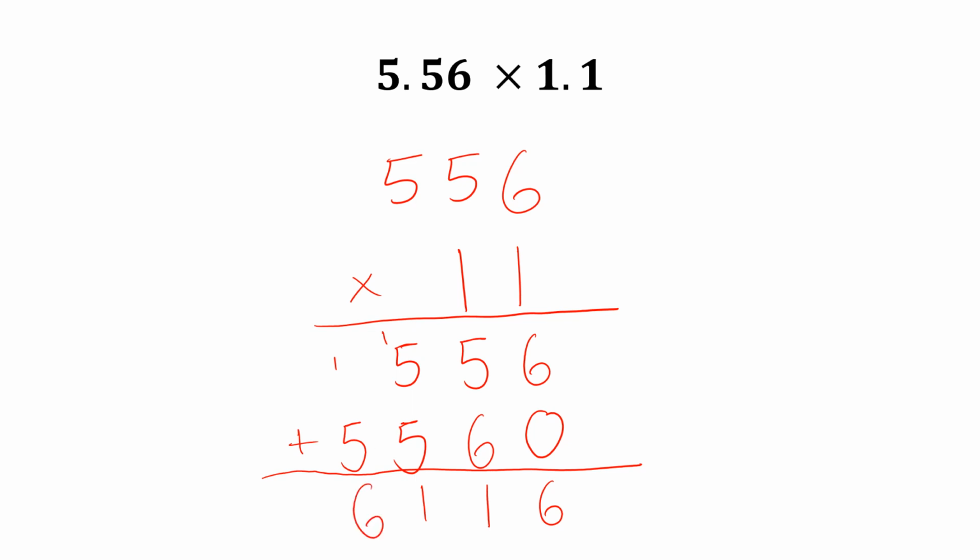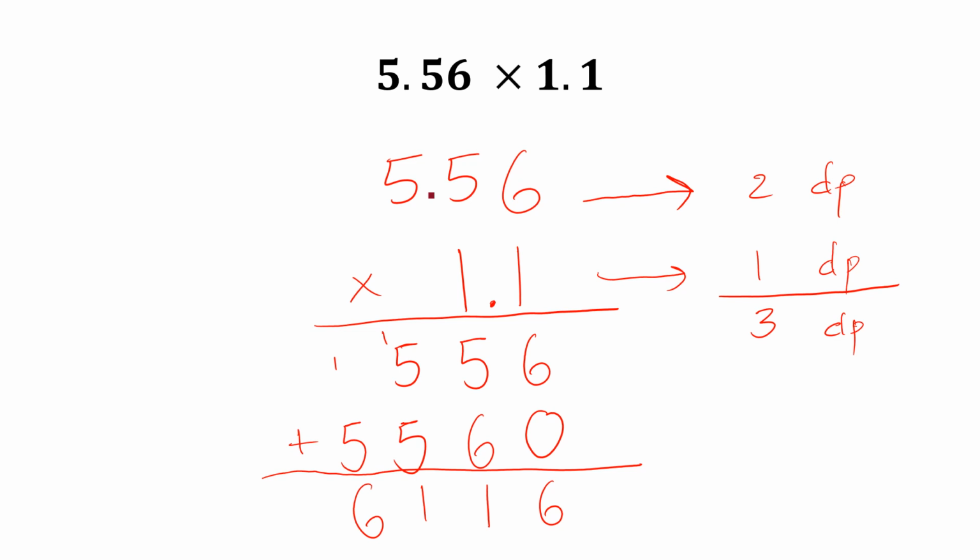After we have multiplied as usual, we can put in our decimal points. So it will be 5.56 times 1.1. So in the first number, we have what? 2 decimal places, and in the second one, we have what? 1 decimal place. So in total, we have what? 3 decimal places.